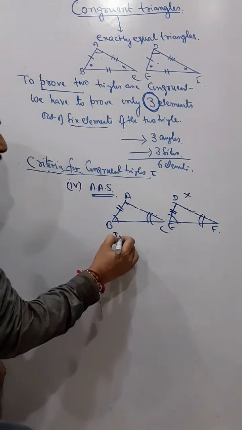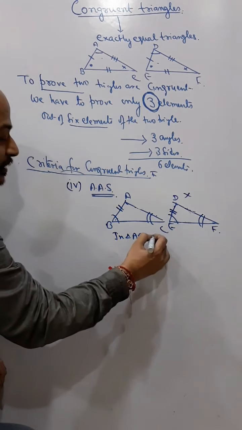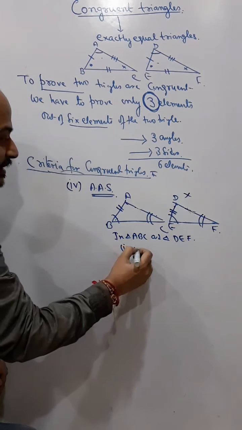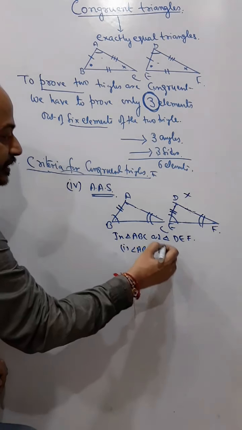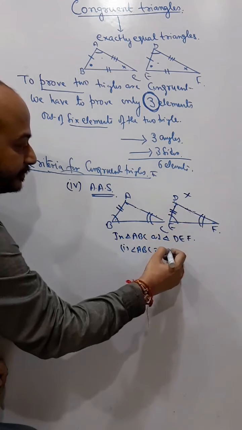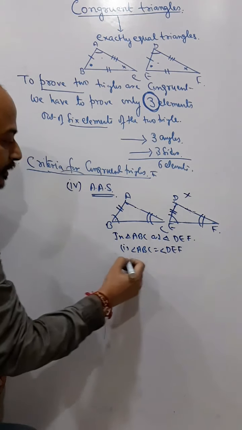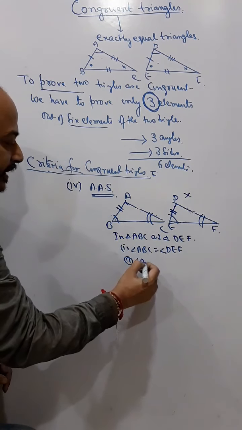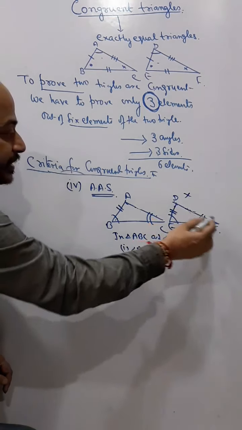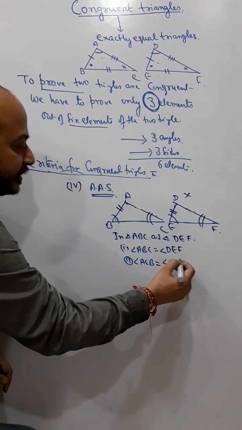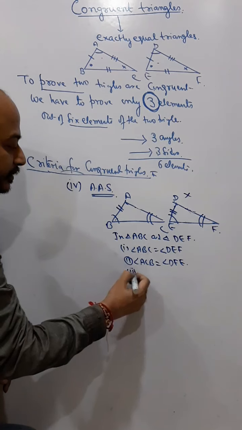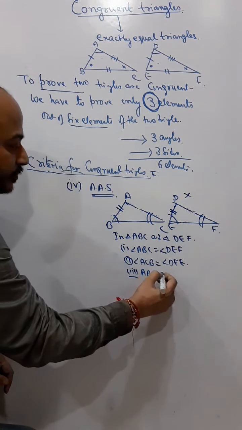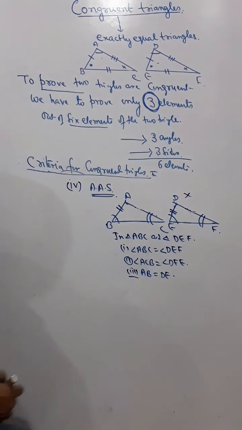So here also in triangle ABC and triangle DEF, first I can say angle ABC is equal to angle DEF. Second, angle ACB is equal to angle DFE, and third we can say side AB equals DE.